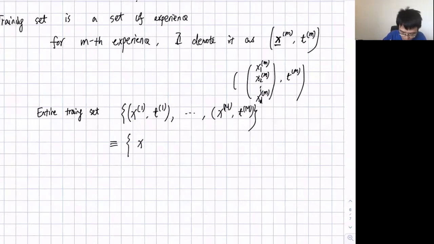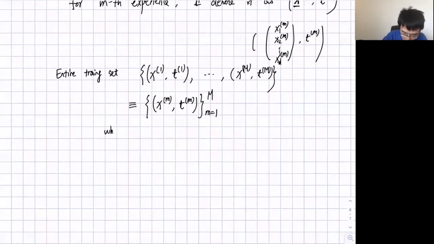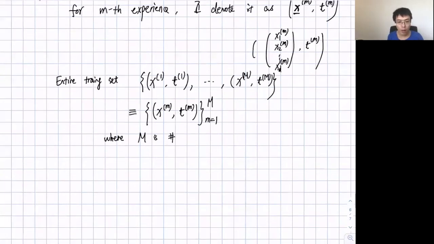I can call it X^m, T^m, where m starts from 1 up to capital N. I just denote it by this shorthand notation, where N is the total number of experiences, or the number of training samples.